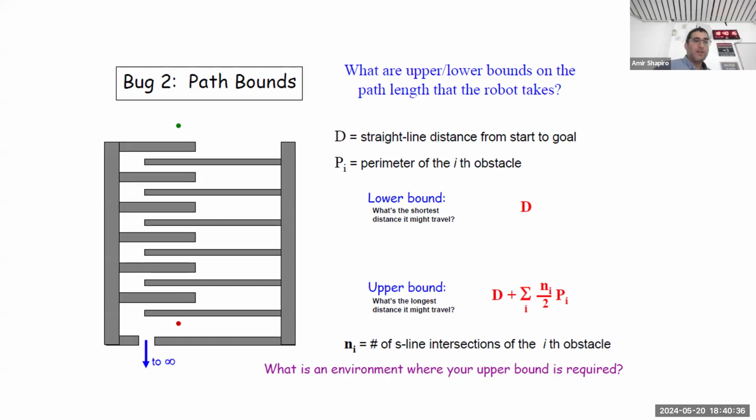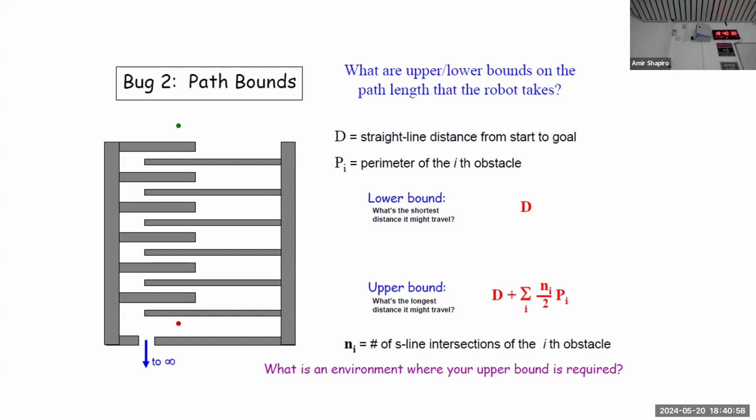So if we want to compute the bounds, the lower bound is again the shortest path from start to target.